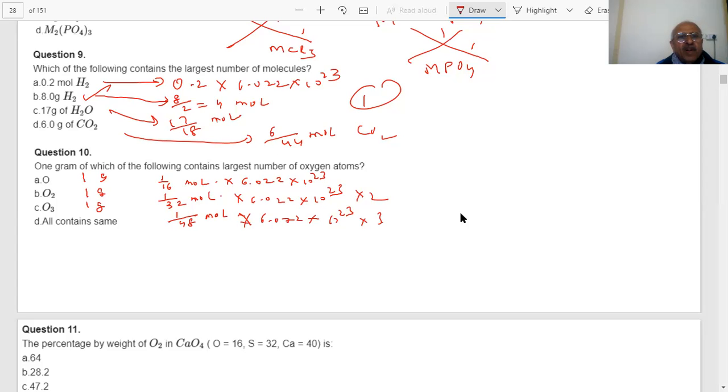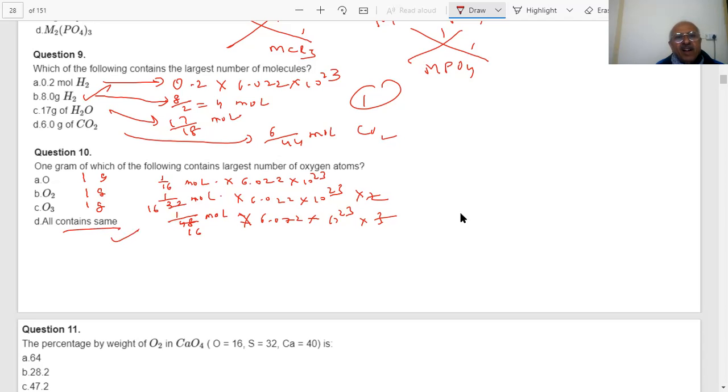1 gram. See, this 3 will cancel with this 3. This is 1 by 16. This is also coming 1 by 16. The answer is D part. All contain the same.